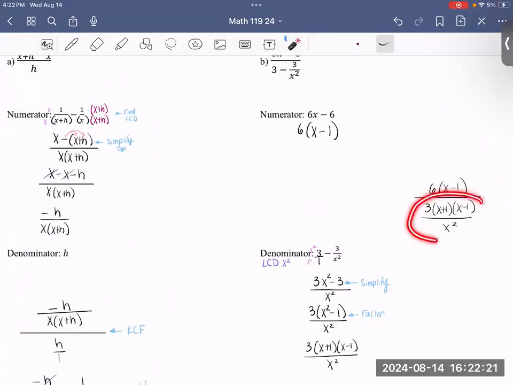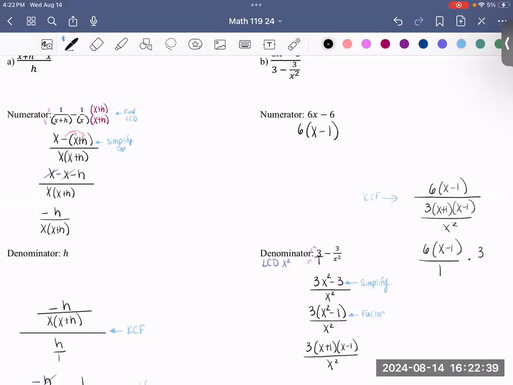So just as you did before, keep, change, flip. You can say that this is still over 1 times 3 times x squared over 3x plus 1 and an x minus 1, and then go ahead and simplify.